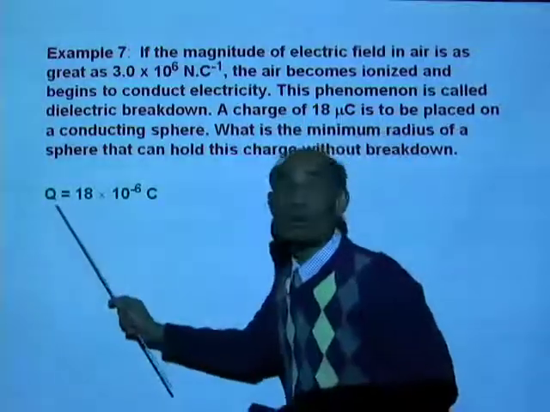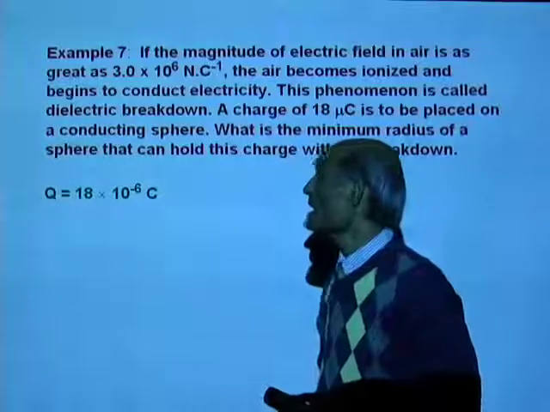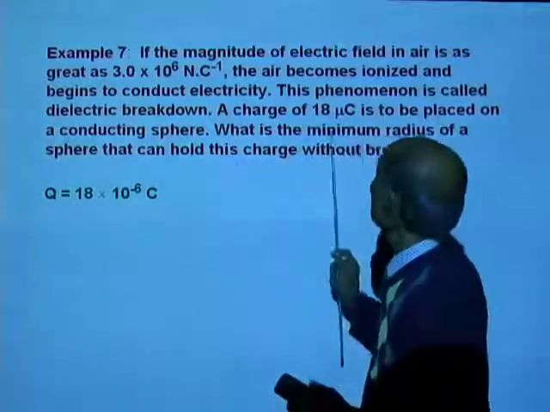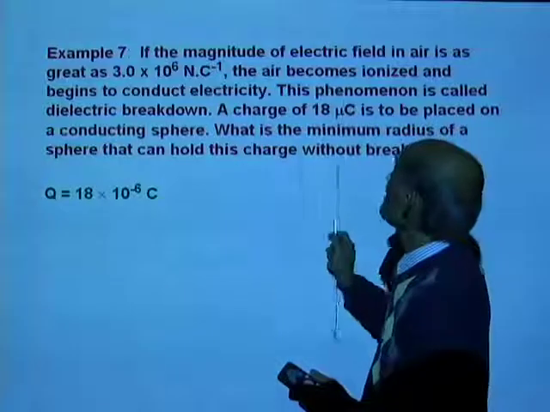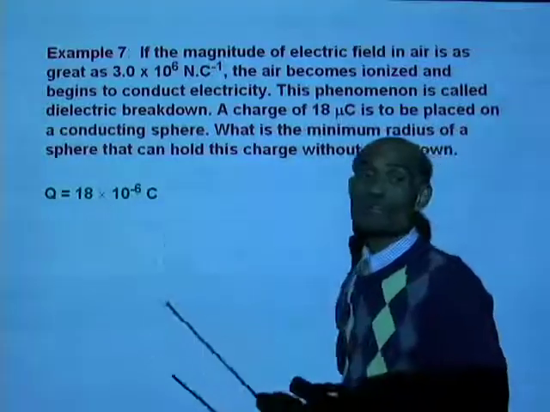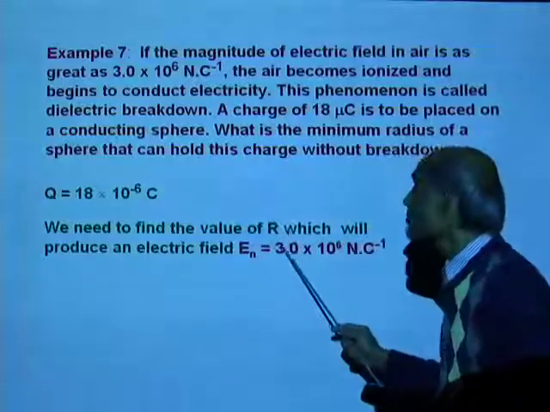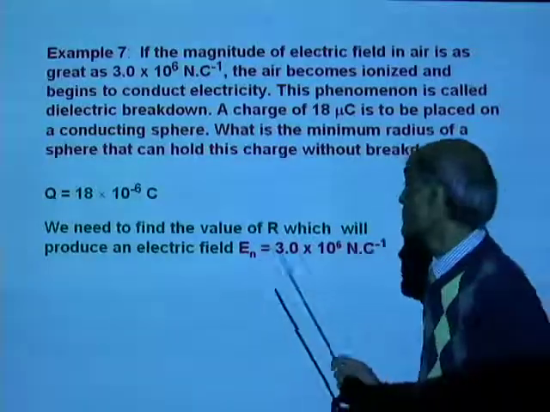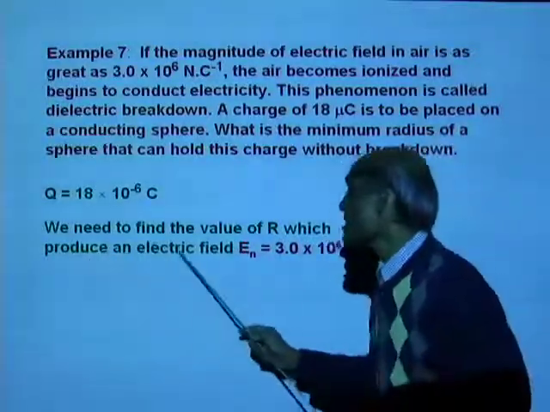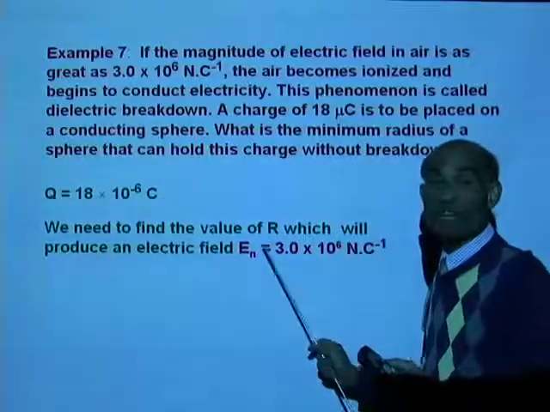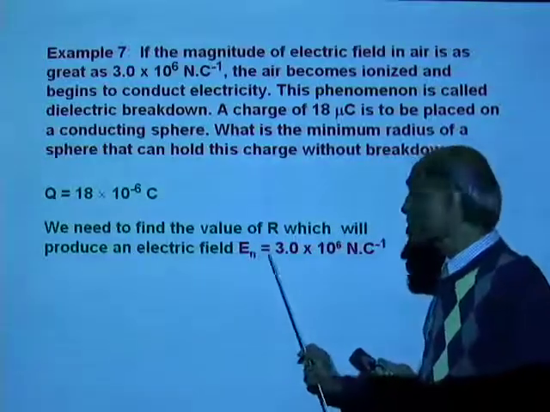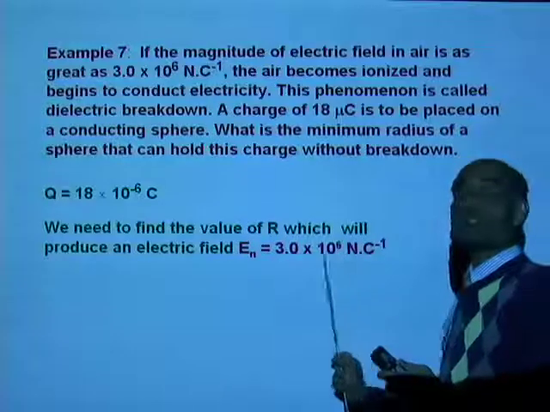So Q, the amount of charge on the sphere, is 18 times 10 to the negative 6 coulombs, 18 microcoulomb. We need to find the value of the radius r of that sphere, which will produce a maximum electric field. In other words, the electric field will not exceed this value.